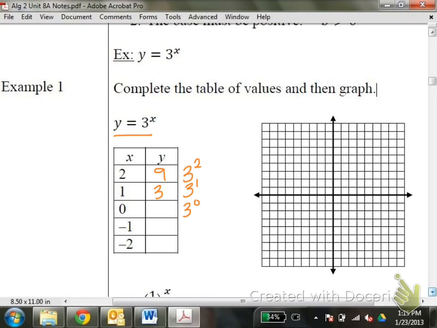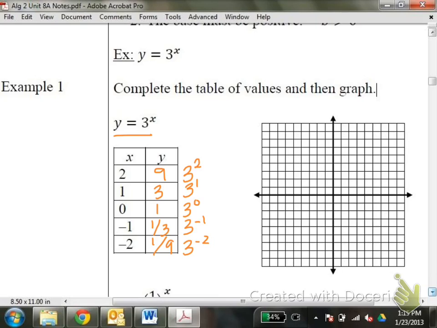X is 0, so 3 to the 0 power is? Anything to the power of 0 is? 1. Thank you. And then this is where it gets kind of interesting. My x is negative 1, so I have 3 to the power of negative 1. So what would that make y? 1 over 3. So then what would 3 to the negative 2 be? 1 over 9. It will always turn out this way.